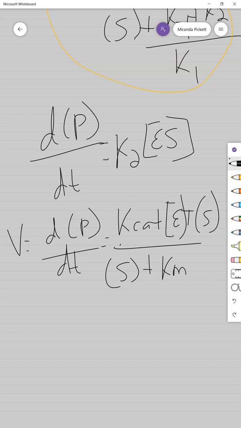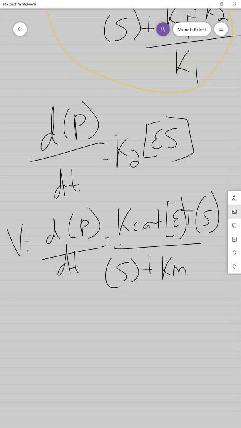And our kcat is basically just K2 made over. It also represents the turnover number, which is basically the max number of molecules of substrate that an enzyme can convert to its product per second.